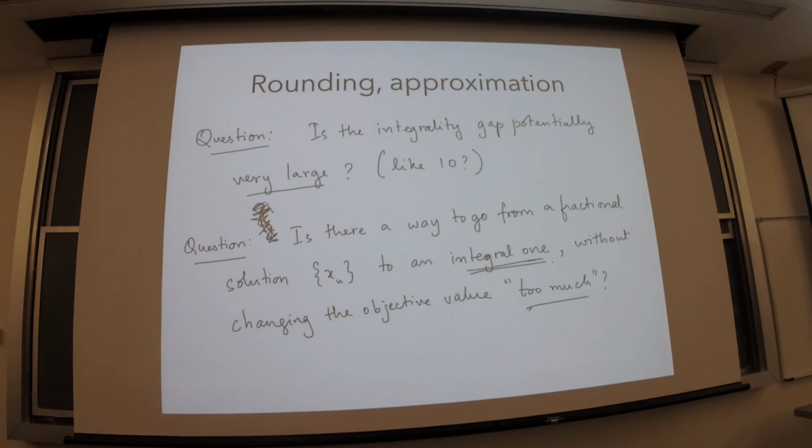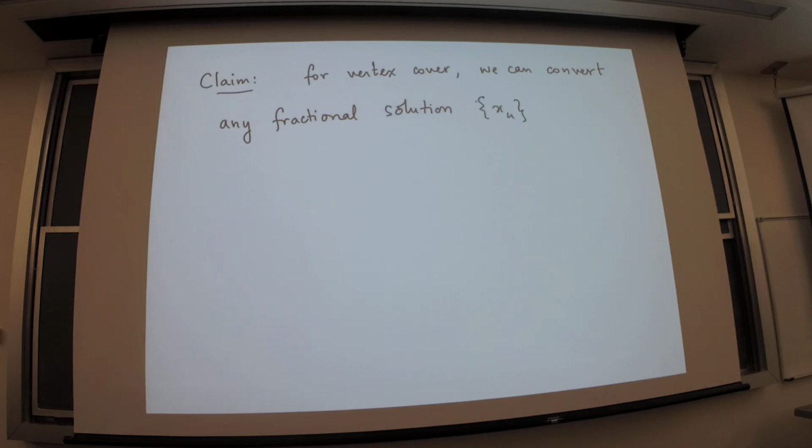All right. So the claim is, for vertex cover, we can convert any fractional solution to a feasible integer solution.